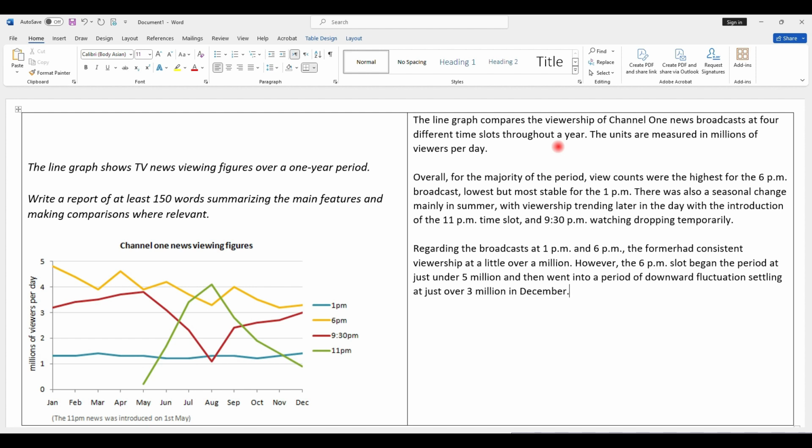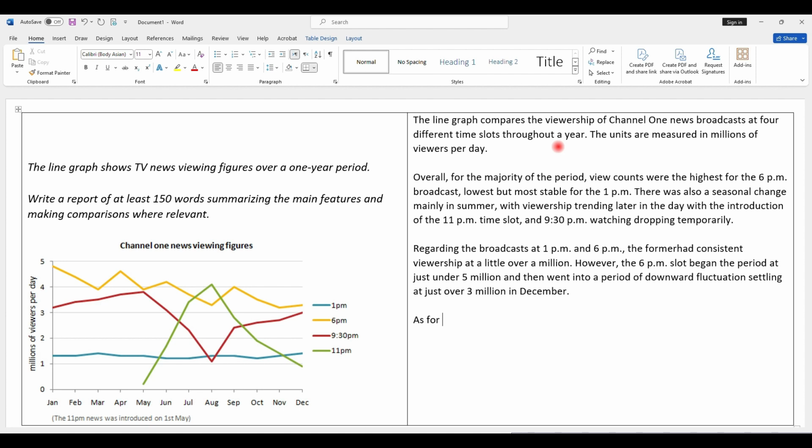Okay, that's it. But remember, unlike the overview, in our body paragraphs, we need to support our explanation with figures from the chart. Otherwise, your task achievement is going to take a huge hit. Now we do the same thing for the remaining 2 lines.